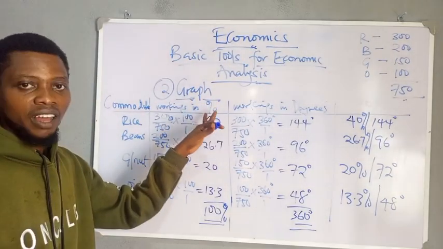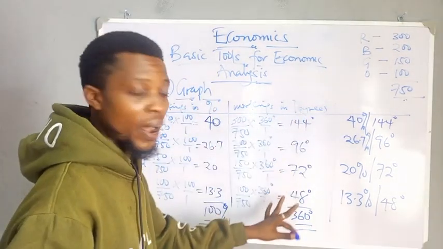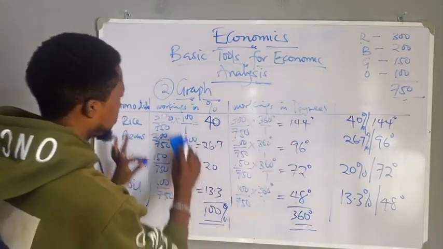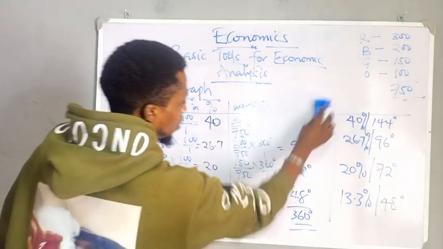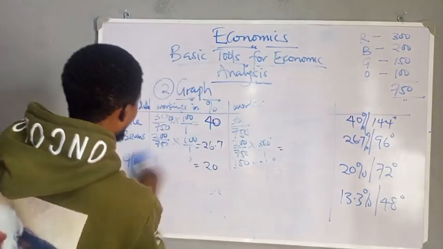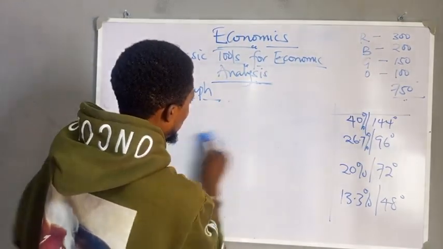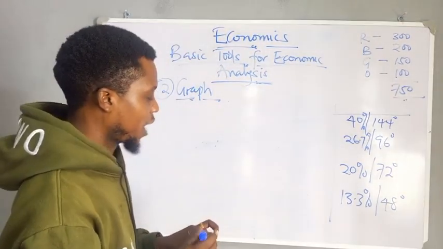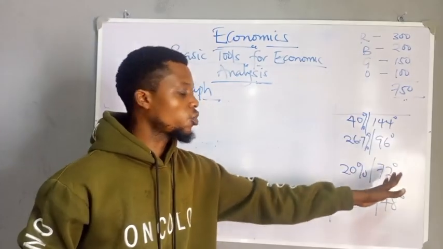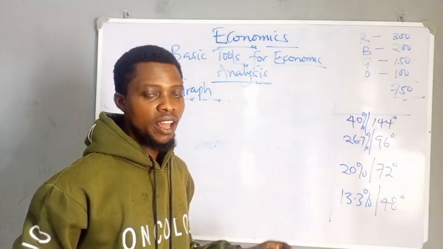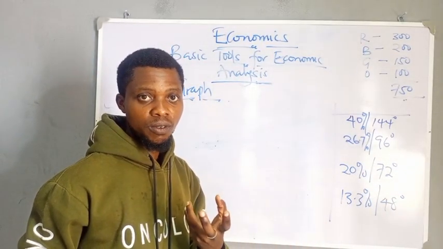So let's represent these results now in our pie chart. Sorry, I'll have to wipe this part off. I'll leave this part so that we can work with our numbers. Okay? All right. To get your sectors accurately, we make use of the protractor.